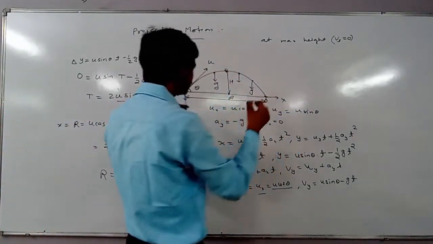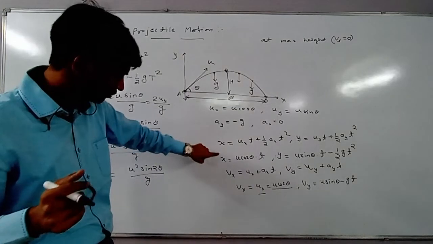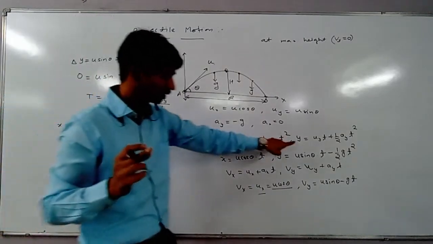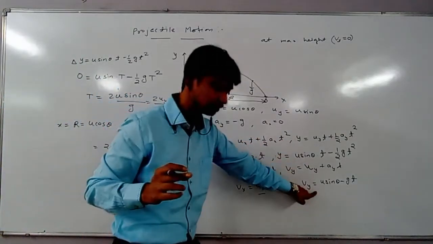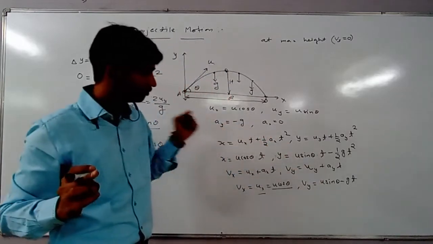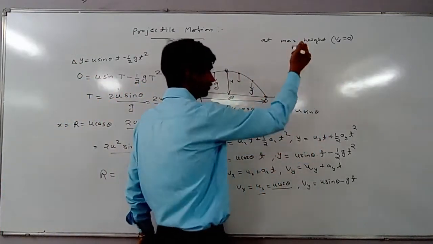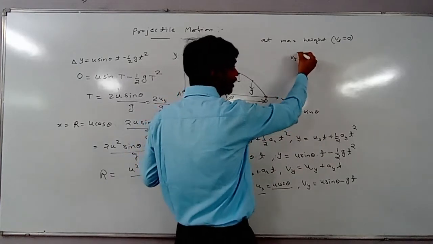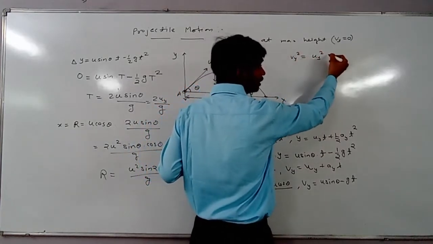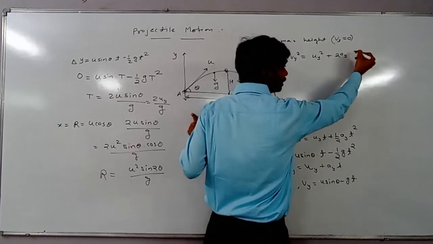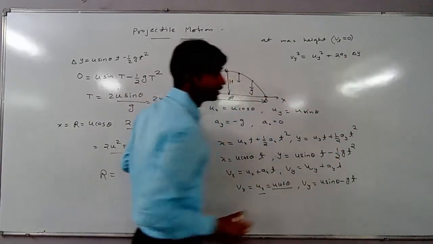Now use it. So what equation will we use? First we will find the time from here, and then we will solve? No. There is another equation: vy square is equal to uy square plus 2ay into delta y.